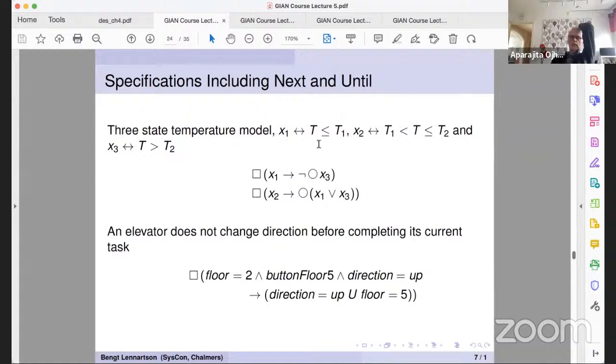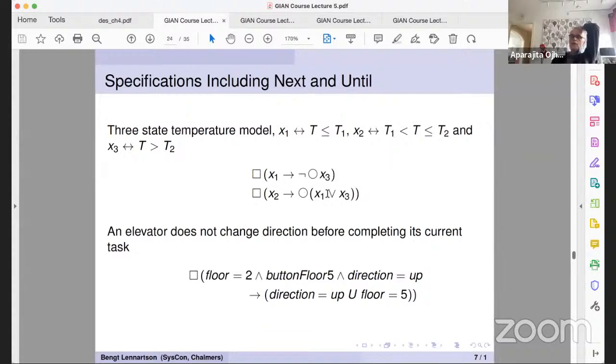But here we could also say that it's not possible to go from state x1 to x3 in one step. Physically, meaning that to change the temperature from less than T1 to higher than T2 is not possible in one time unit. We expect that there is some dynamics, meaning that it's not possible for this to go too quickly.